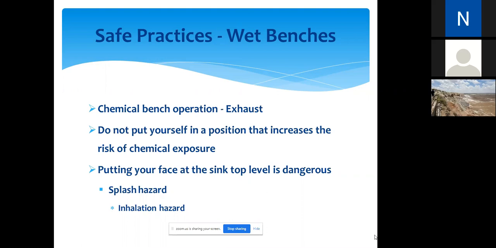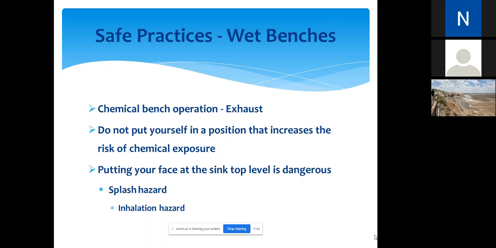Do not put your face in the hood. That's never a good thing. Always make sure the sash, the little window in front of the hood, is in the closed position, which means the sash is down and your eye level is within that window. You can see through that window.